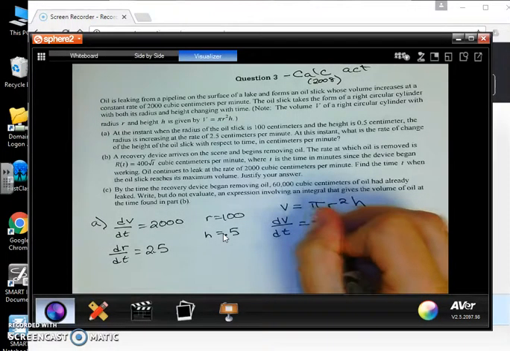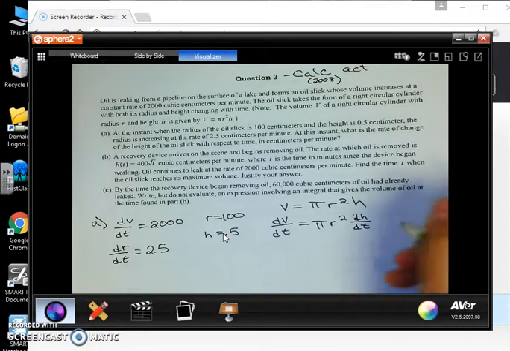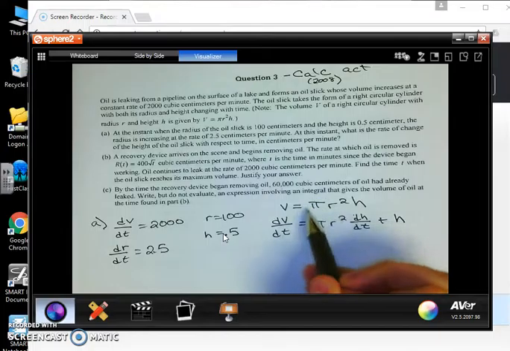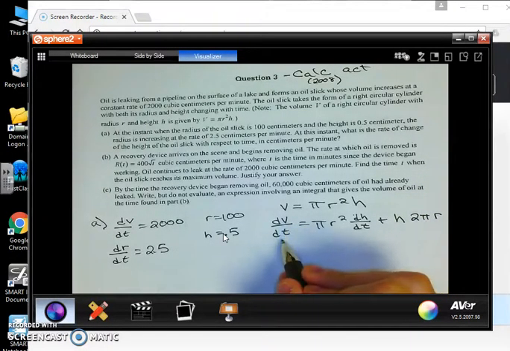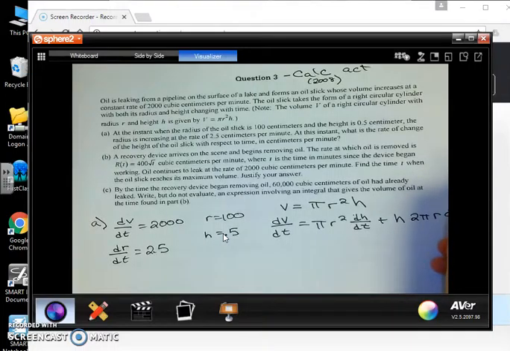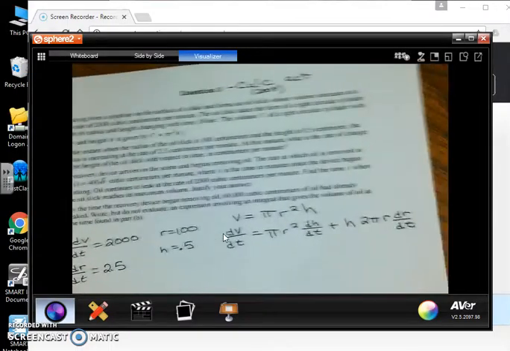So it'll be first times derivative of the second, plus the second, so that's going to be h, times the derivative of the first. The derivative of this is going to be 2 pi r, but again, we took the derivative with respect to something that wasn't time, so I need to tack on that dr dt.